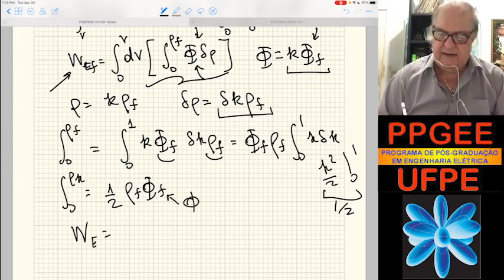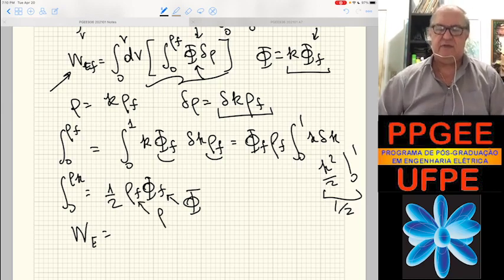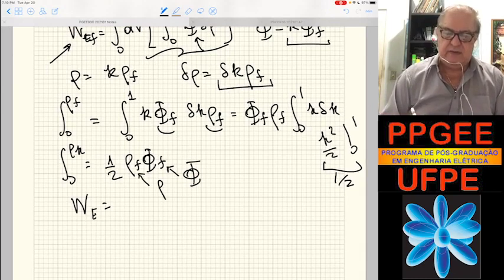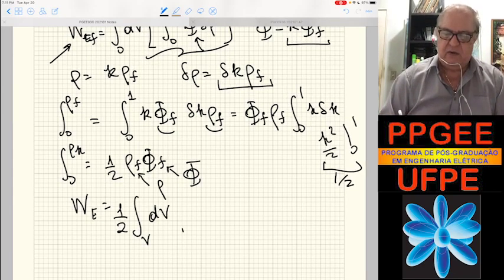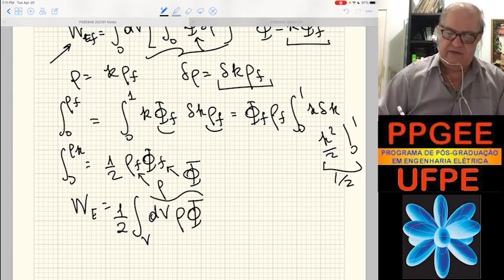This is phi at the final state. Rho f, let's call it rho at the final state. So when you do it, it's going to be 1/2 volume integral of dv rho times phi. That's the result we got previously, right?